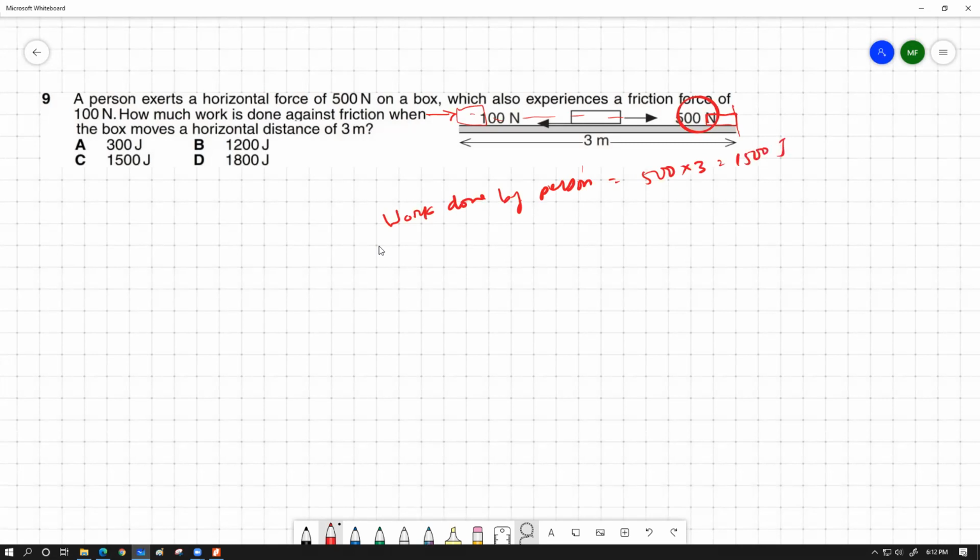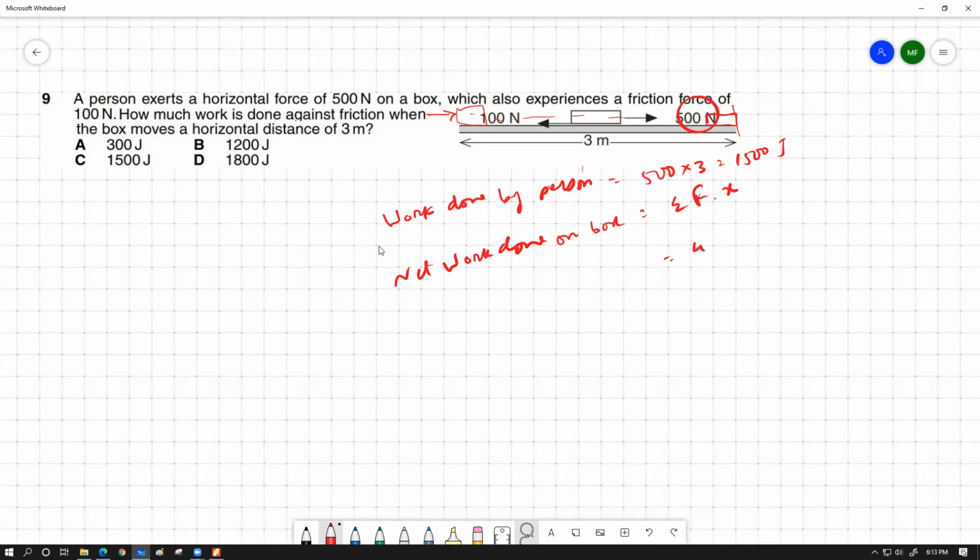What would be the actual work done or net work done on the object? If we want to get that, net work done on the box would be the resultant force into distance covered. In this case, the resultant force should be 500 minus 100, because the frictional force of 100 Newton is working in the reverse direction.